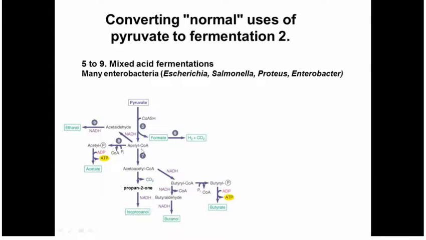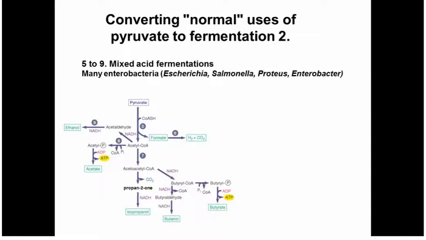And then this acetyl coenzyme A can be transformed to a whole bunch of different products. Some of these other metabolic pathways can produce ATP. So that's interesting, because the problem with glycolysis and fermentation is the ATP yield is too low.